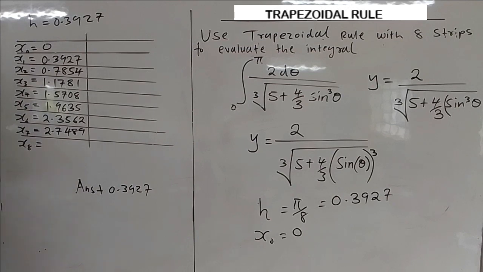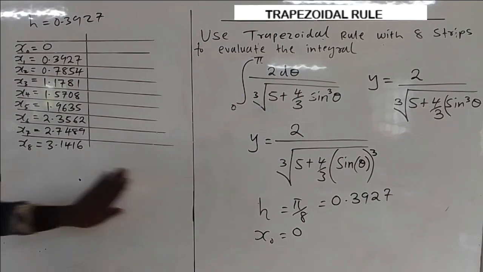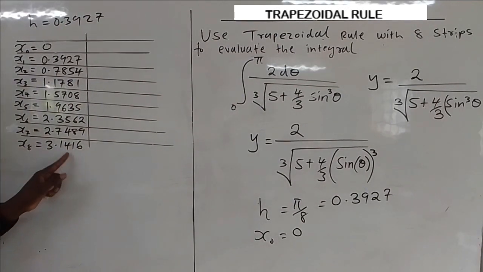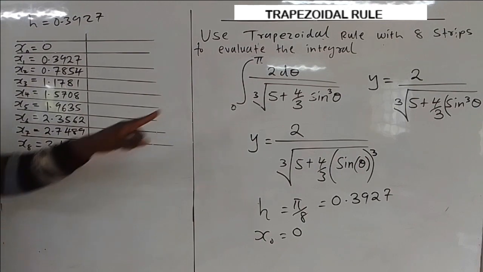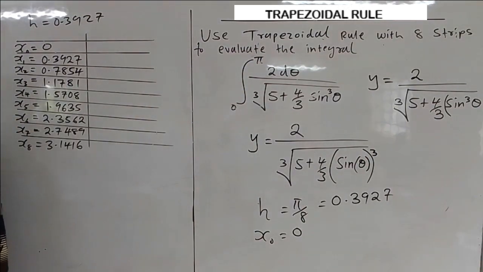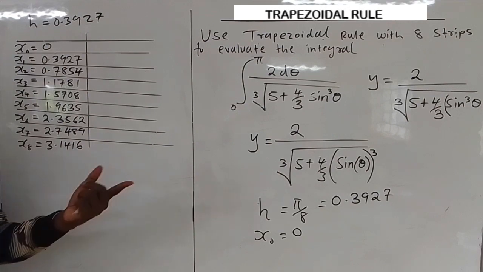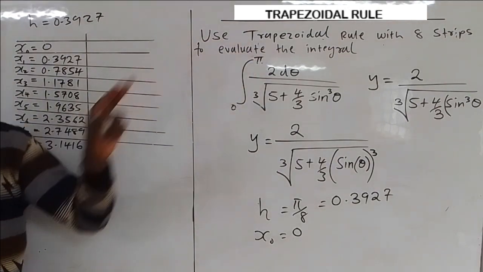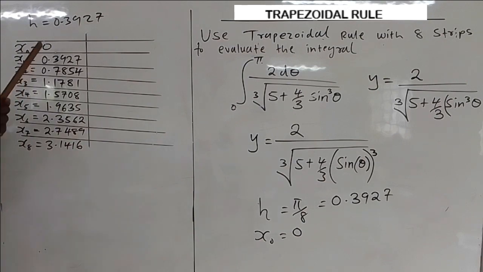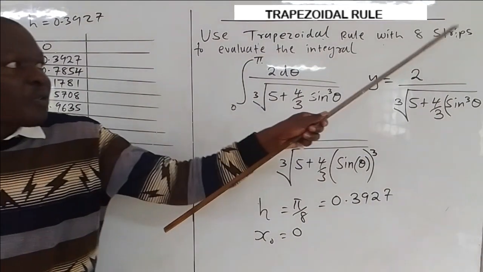If you press equals, you get 3.1416. So you can see the last ordinate is 3.1416, which is pi, and you can see pi was the last. Are we together? Yes, because approximately 3.142 is pi. You've reached the last ordinate, and if you count them, you will see there are 9 ordinates from 8 strips.